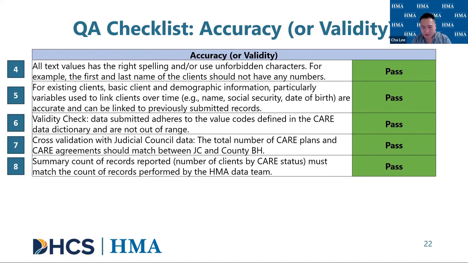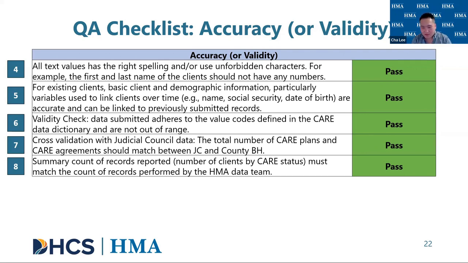Element 7, we will basically compare the total of care plan and care agreement between JC and the county. The number must match. If we find an inconsistency, if it is coming from JC, then we're going to be reaching out to JC. If it is coming from the county, then we're going to be reaching out to the county.